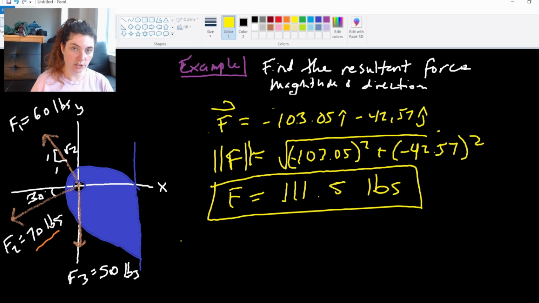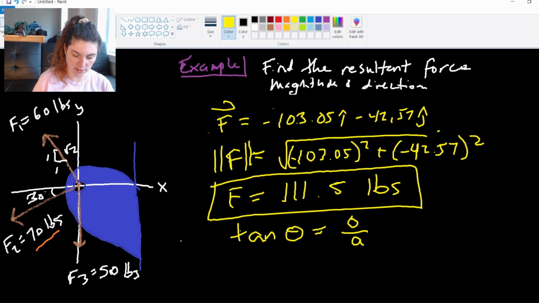Now to get our direction, we will use arctangent, because tangent of theta gives us opposite over adjacent, which is the exact same as just saying our Y component over our X component, the magnitudes of those.